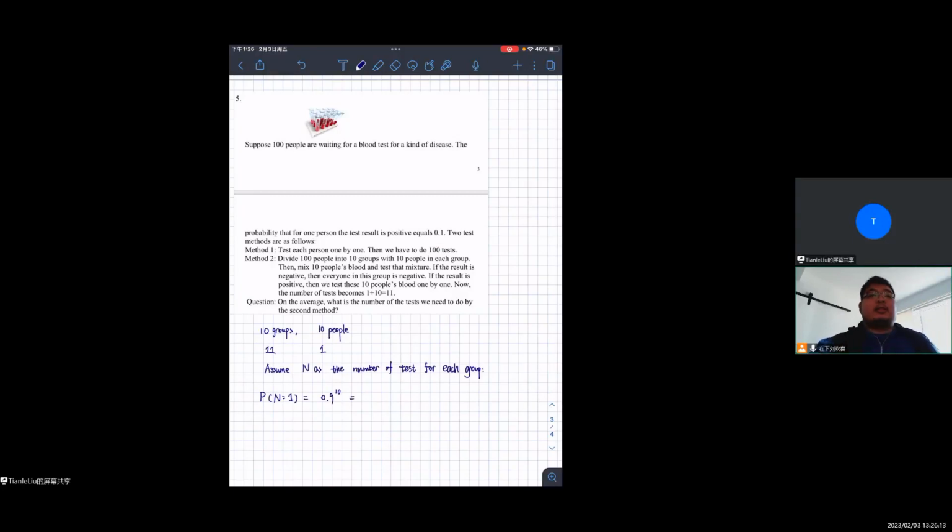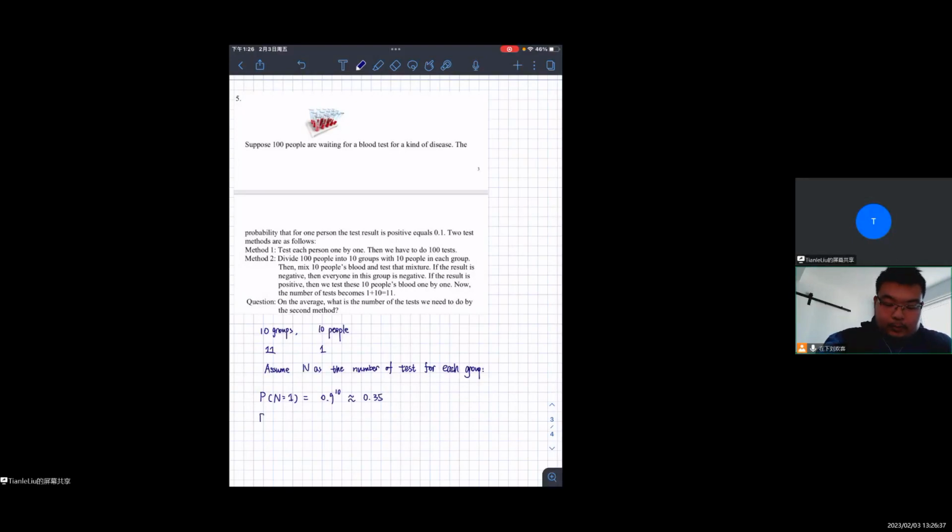Since it's a large number, I will use my TI-Nspire, and we can see the answer is rounded to 0.35.